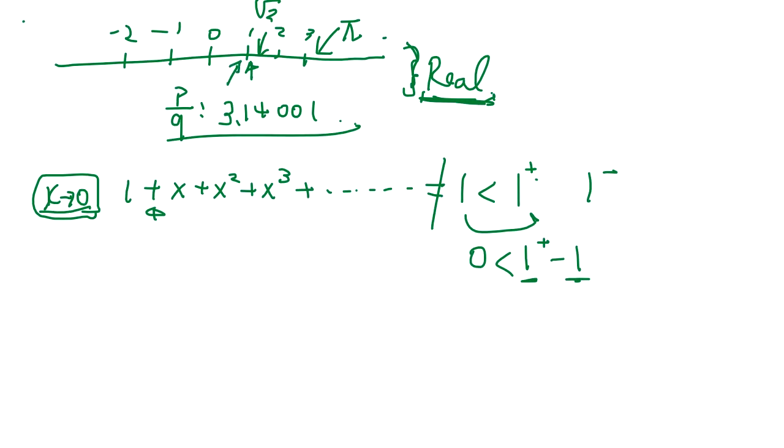So there is a number that is different from 1, but it's extremely close to 1. What do you mean by extremely close? No matter how close a number you quote, it's still closer to 1.